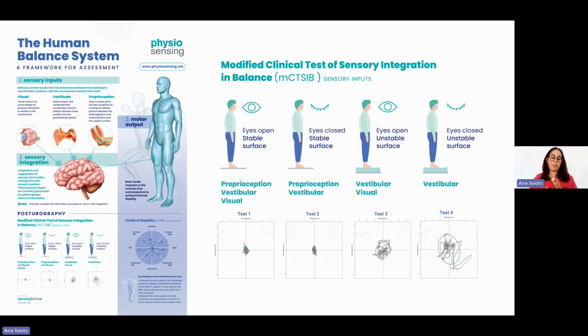So what we see here is that this patient might be more reliant on the quality of the information coming from the base of support to compensate for the decrease of the vestibular input. So it's not as much the visual information that makes a difference for this patient, it's more the quality of the support surface that can make things worse.